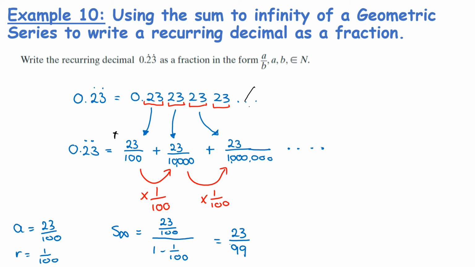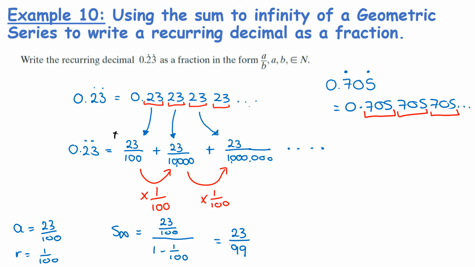Also, just to be aware, if you see something like 0.705 and the dots are like this, that means 0.705, 705, 705. So the dots show the start and the end of the piece that recurs. We're very used to 1 dot or 2 dots like this, but maybe not the dots that are separated.